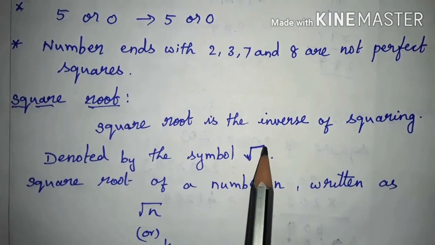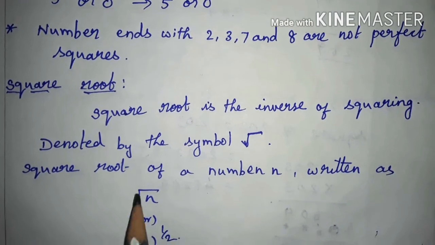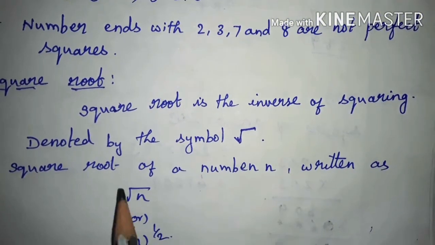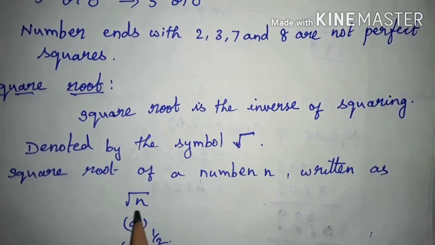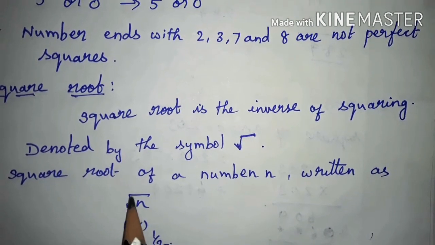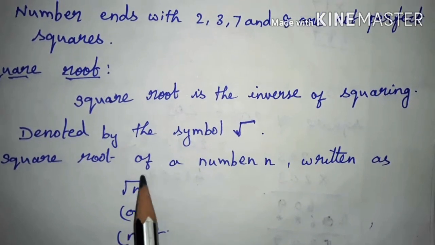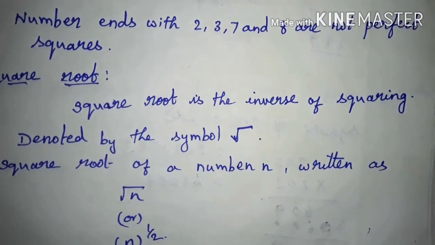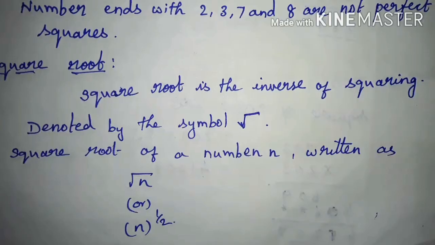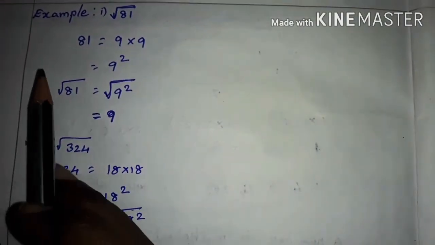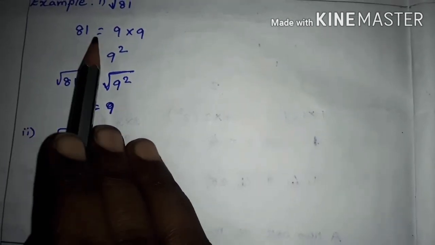This symbol is root. The square root of a number n can be written as square root of n, where n is any number, or n to the power of 1 by 2. For example, to find the square root of 81, first you have to write 81 as a square of a number.